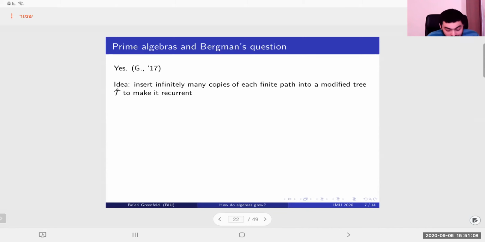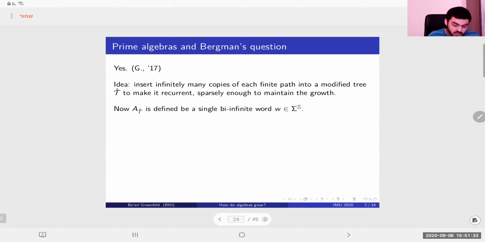But again, the main challenge is to make sure that you don't blow up the growth rate, and it's not enough to put those copies sparsely, because it might be that you generate this way too many new words, so you have to be very careful. But again, it is possible, and as I mentioned, the algebra resulting from this modification is defined by a single infinite word over our finite alphabet.